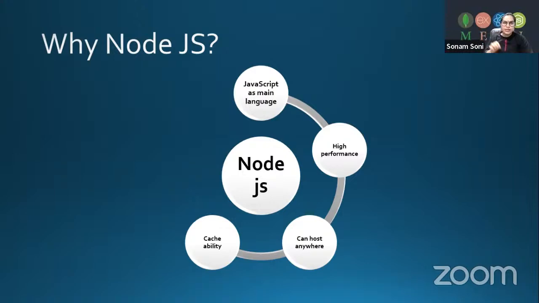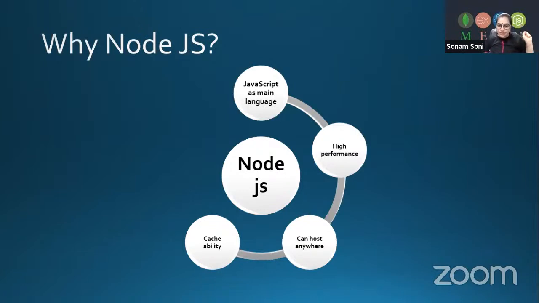Suppose there is some news or a result which is very popular and people are surfing for this news continuously. Or there is a web series which is very popular and all the people are watching it. Node.js will store those popular details in the cache. So rather than taking the value from the original server or the database every time, it will respond to the user from the cache only.